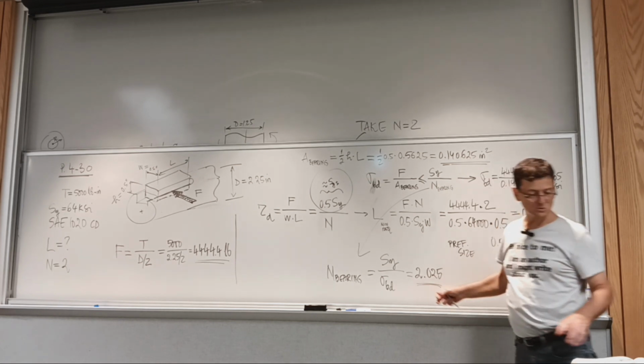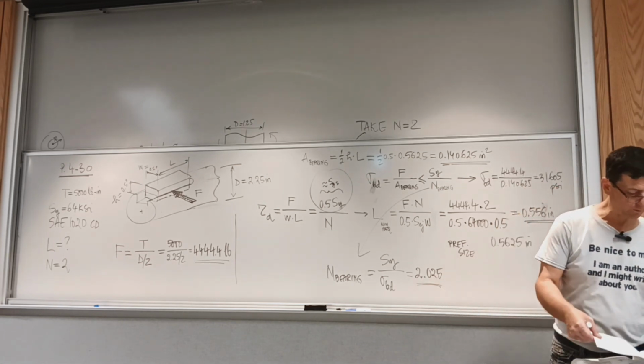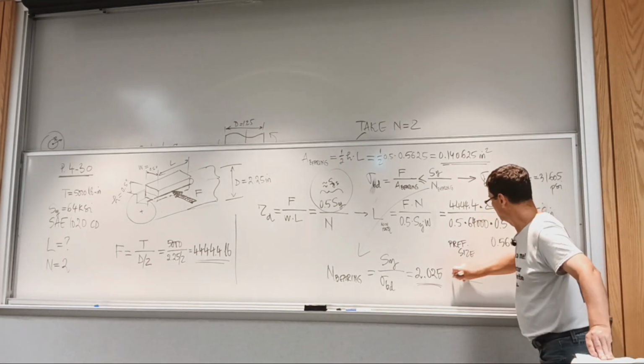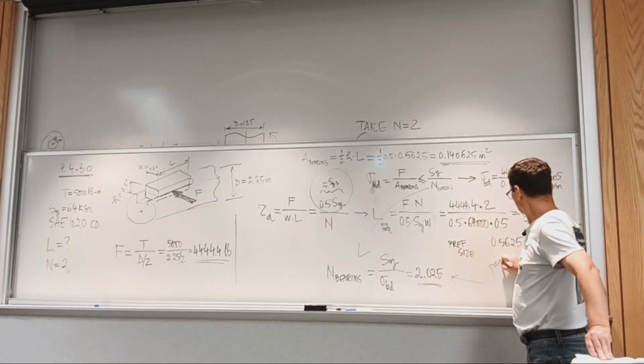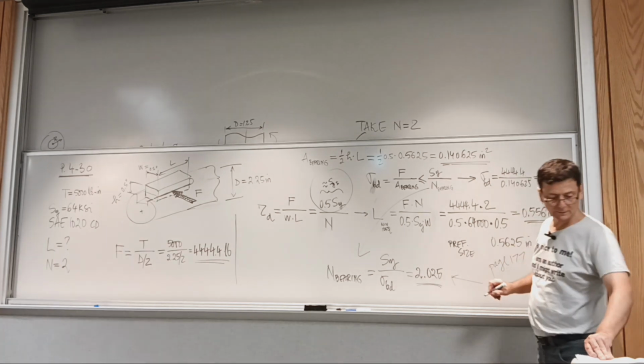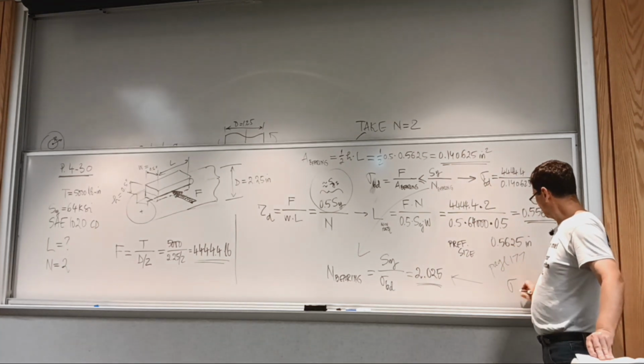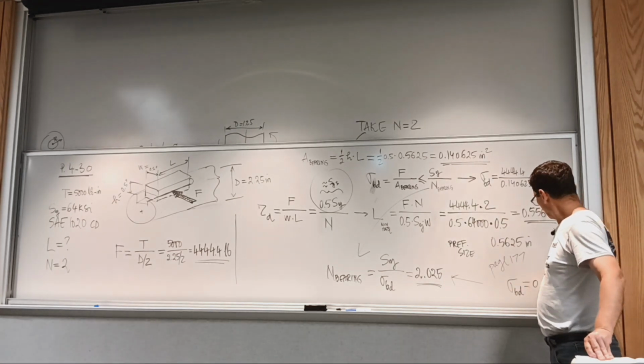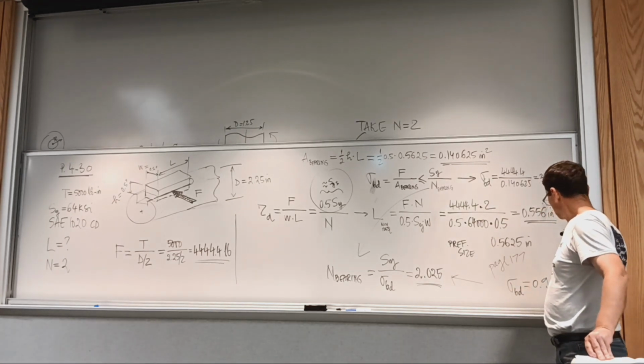Does it make sense? So again, we made reference to page 177, and it says sigma BD should be 0.9 yield strength in shear.